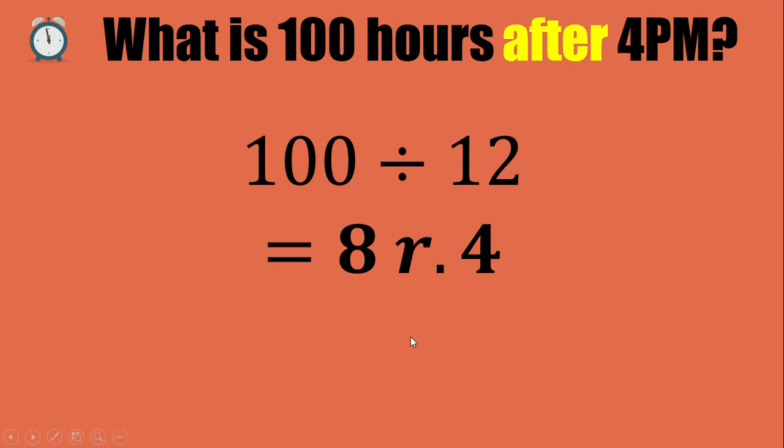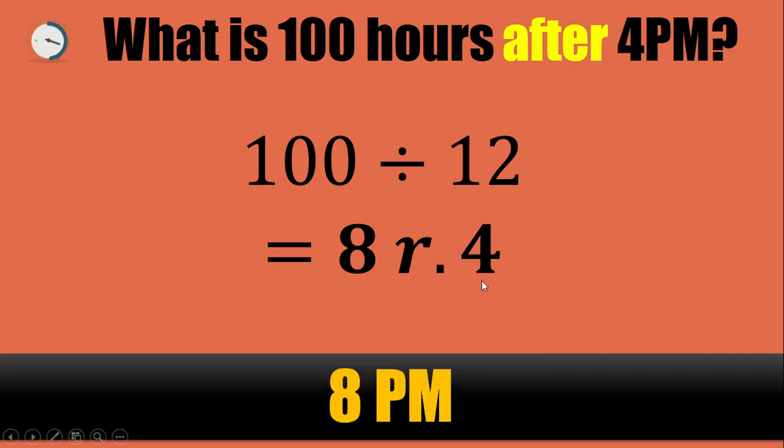Notice that our quotient is 8, and 8 is even, so our reference time will be the same. Given that we have 4 p.m., our reference time is 4 p.m. Now add that excess of 4 hours. So 4 p.m. plus 4 hours, that is 8 p.m.